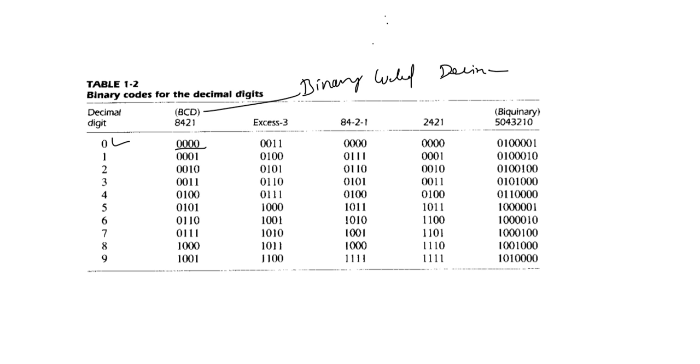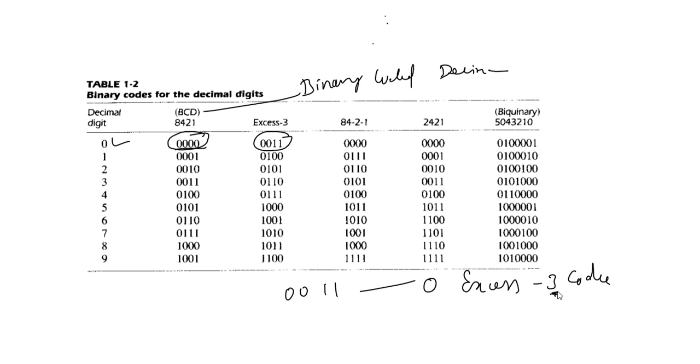By this code you don't convert into decimal directly, it is a coded form. For 0, you can see 0011 in excess 3 code. It means 3 is added to the number.